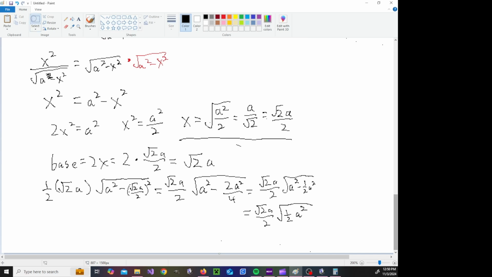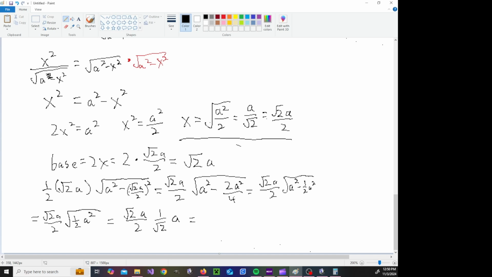Let me give myself a little bit more room to write this. So moving that piece over here. Well, now, what is the square root of 1/2? Well, 1 over root 2. Let me actually write stuff down. So this piece is just along for the ride. The square root of 1/2 is 1 over root 2, and the square root of a squared is just a. So multiply by root 2, then divide by root 2, cancels.